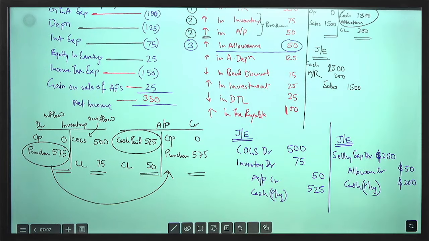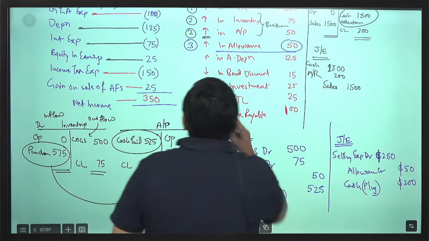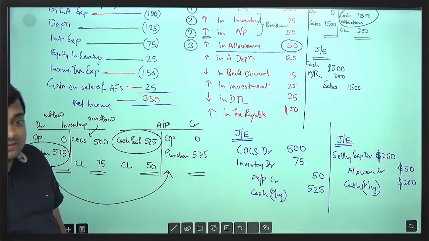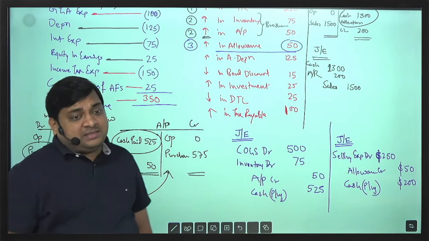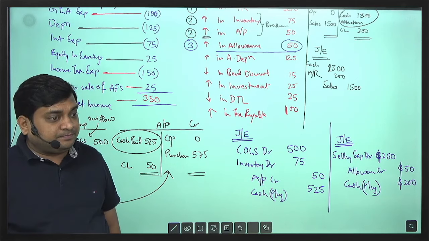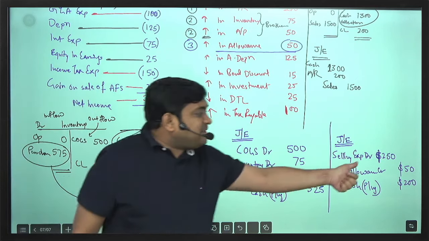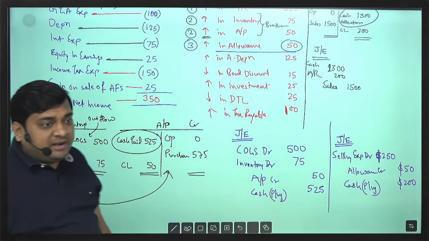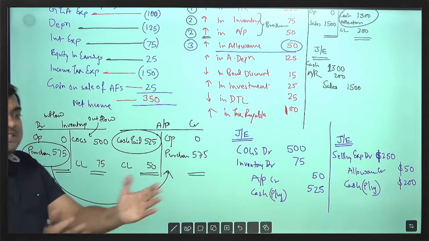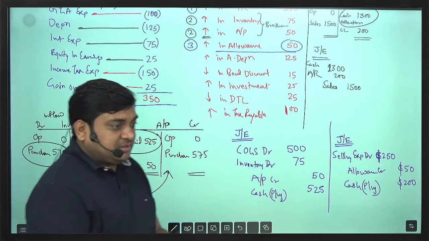Yes or no? Allowance credit I have done, because it's increasing now. Allowance has a credit balance. So this selling expense of 250 is including this 50. So how much is cash paid? 200. 200 cash paid plus allowance will give me total selling expenses.